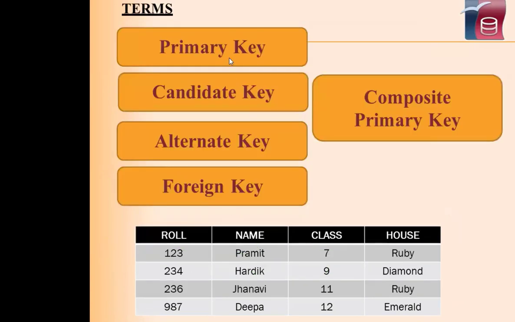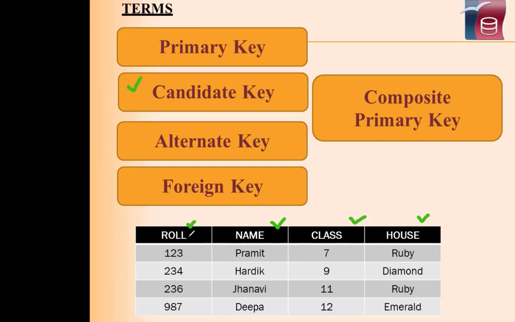Then we have certain terms called primary key, candidate key, alternate key, foreign key, and composite primary key. All these are somehow related to each other. Let me start with the candidate key. All these fields which you see over here are called candidate keys. Candidate keys are those fields which can be considered as the primary key.